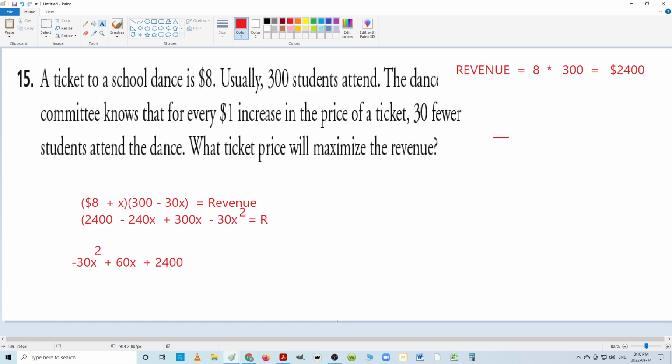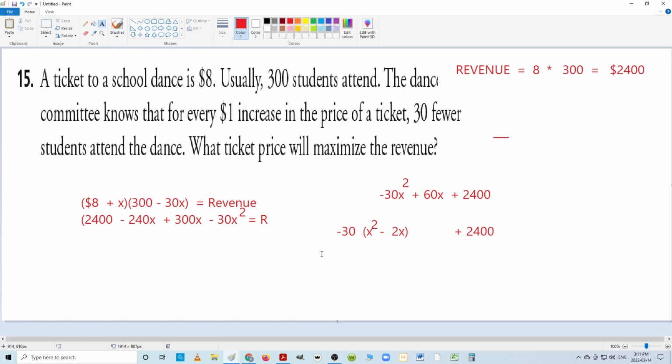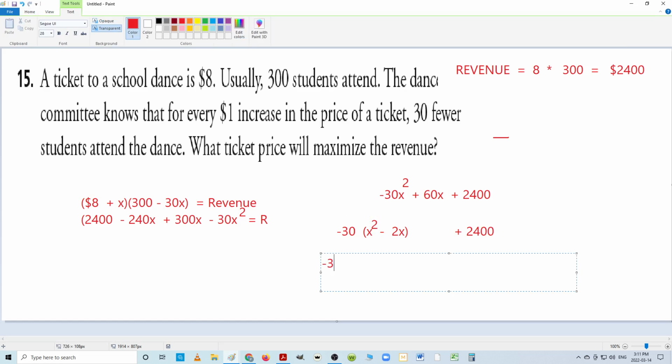Also notice that I can factor out a minus 30 from everything. But I'm just going to factor out from the first two terms. I get x squared. Minus 30 out of 60x becomes minus 2x. And then I'm going to leave my 2400 over here. And just remember to put an x squared. It's clear to me that my perfect square there is going to be x minus 1 squared.